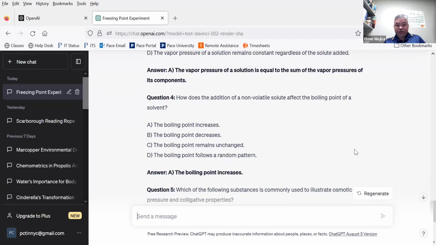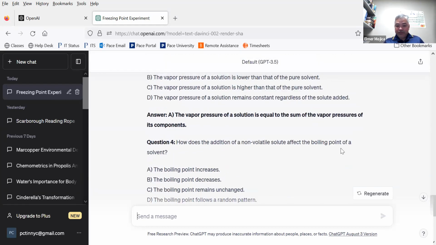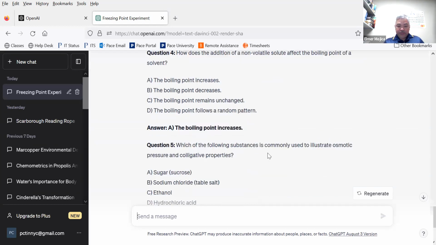You're adding the solute there, so the solvent becomes less. So it has something to do with the boiling point here.